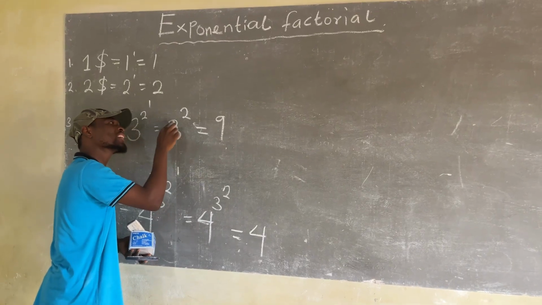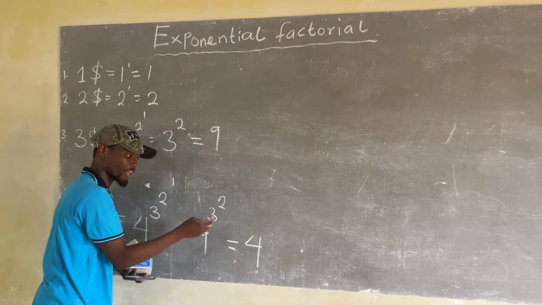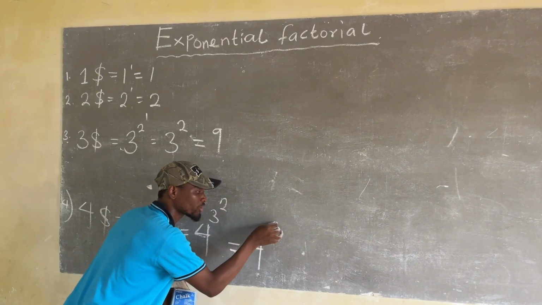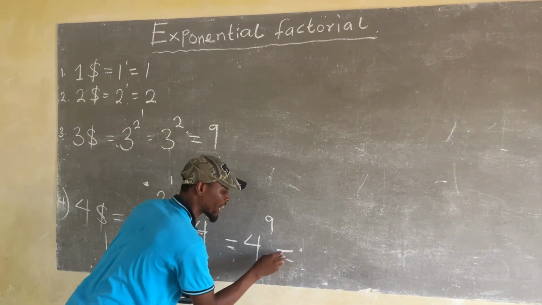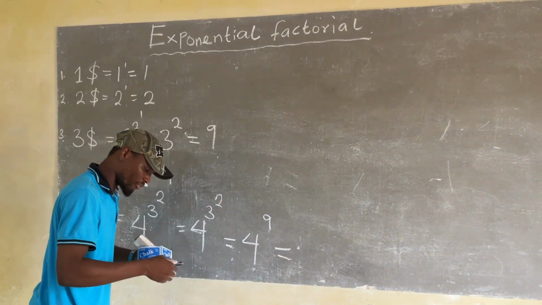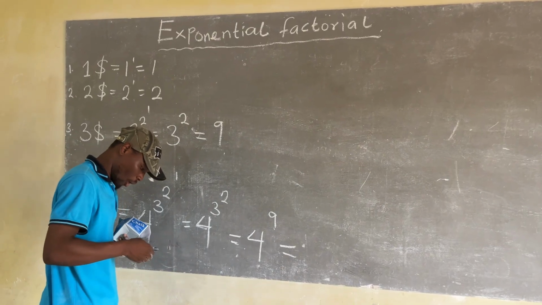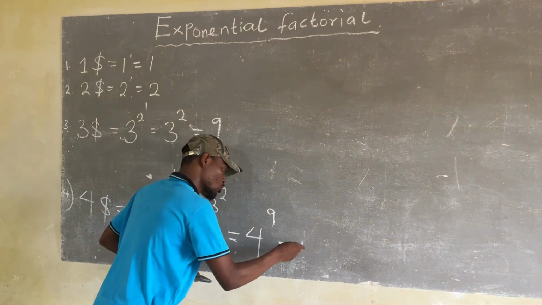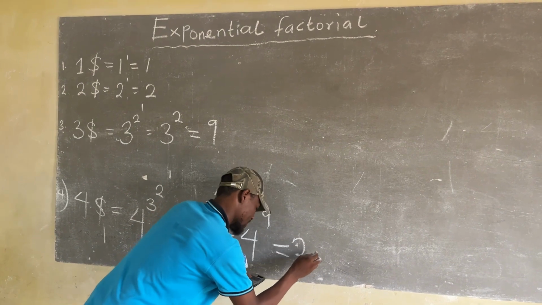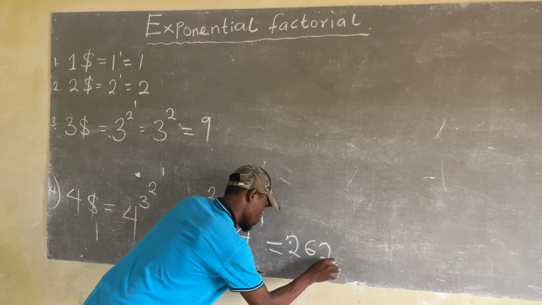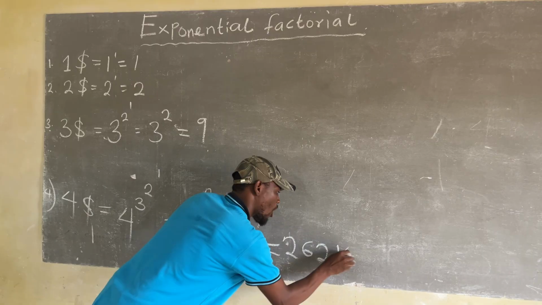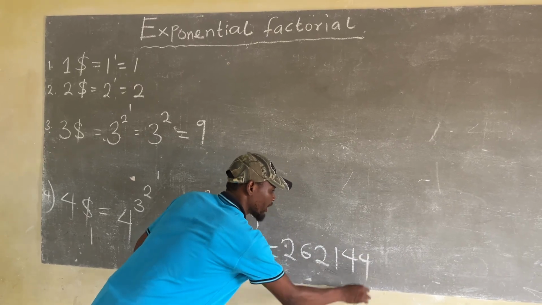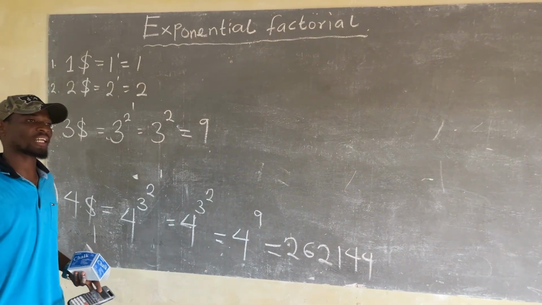So whenever I see 3 to the power 2, I'll put 9 there. And when I evaluate this with the help of the calculator, I will have 262144. As simple as that.